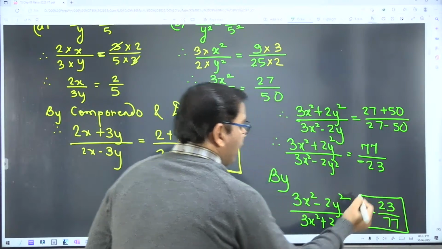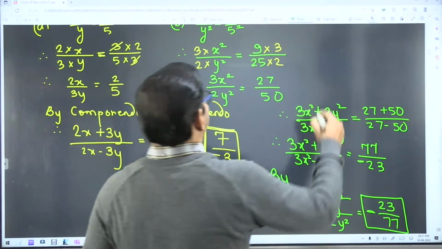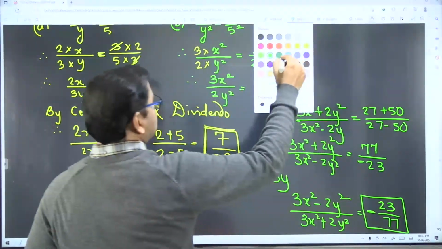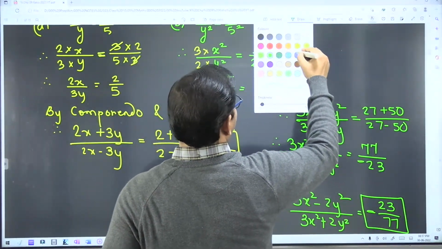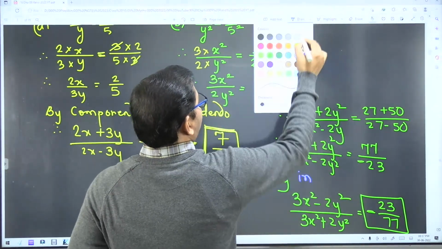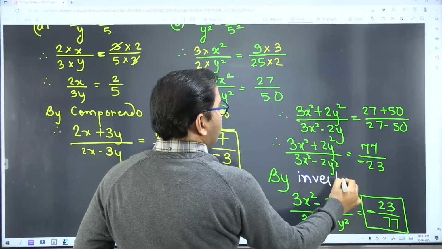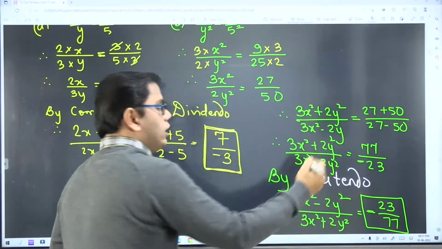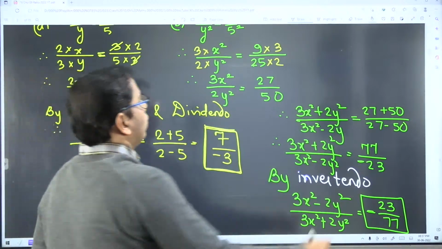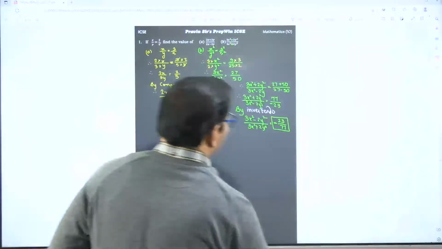Yes, I am waiting for your answer. All students are giving me the correct answer now. This property is the property of invertendo. See, this property of invertendo was so very helpful for us.